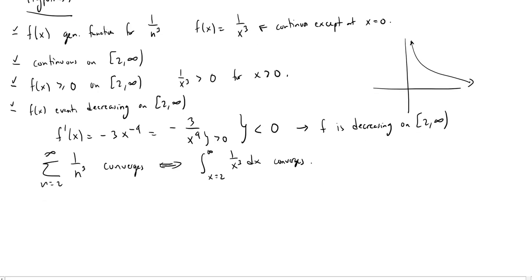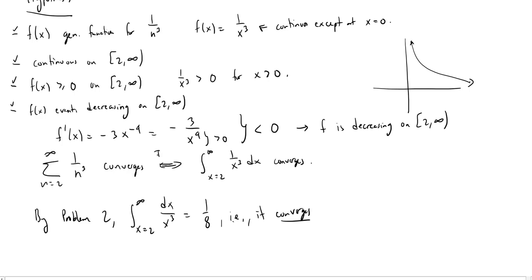But we just showed that in the previous problem, problem 2. So by problem 2, we don't only know this integral converges, we know exactly what it converges to. This is actually equal to 1/8, i.e., it converges.